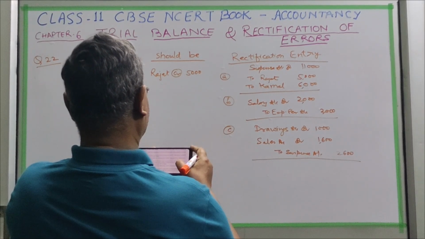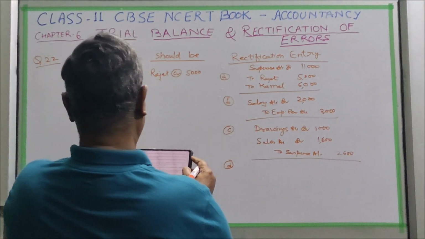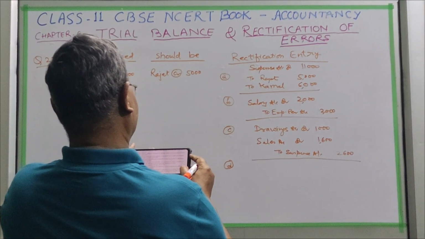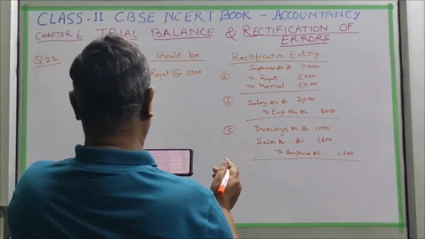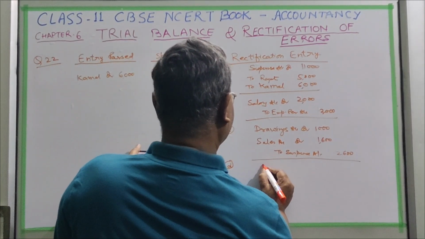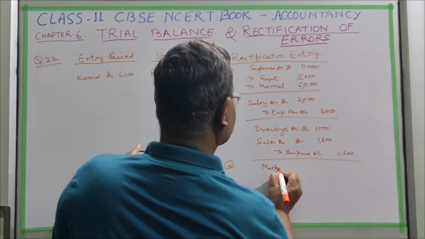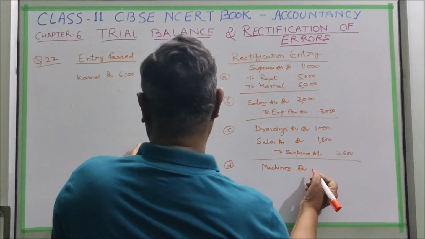C. Then D. Depreciation provided on machinery 3,000 was posted to machinery account as 300. Now you provide correctly. So machinery account debit.